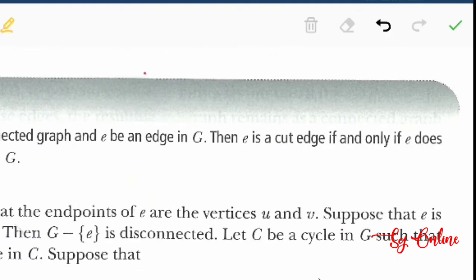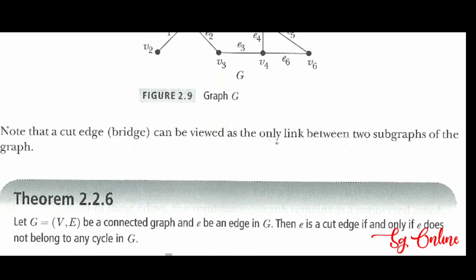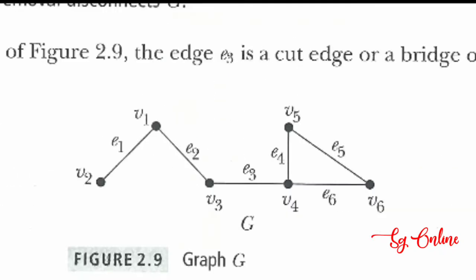Now let us characterize the cut edges, and the cut edge characterization is very simple. It says that if the graph is connected, then E is a cut edge if and only if it does not belong to any cycle in G. So if we go back to the diagram, then you see that E4, E5, E6 are part of some cycle, that is this cycle B5, B4, V6, they are making a 3 cycle, and so they are not cut edges.